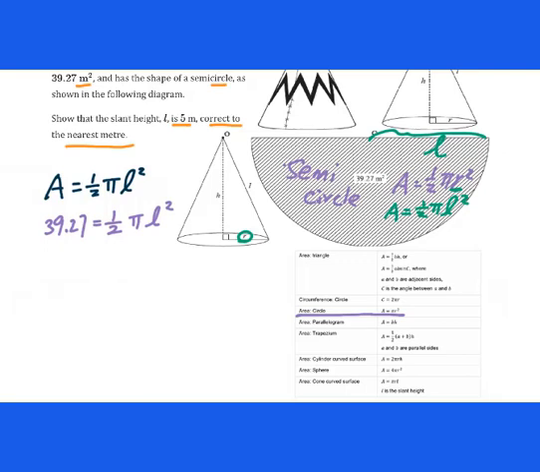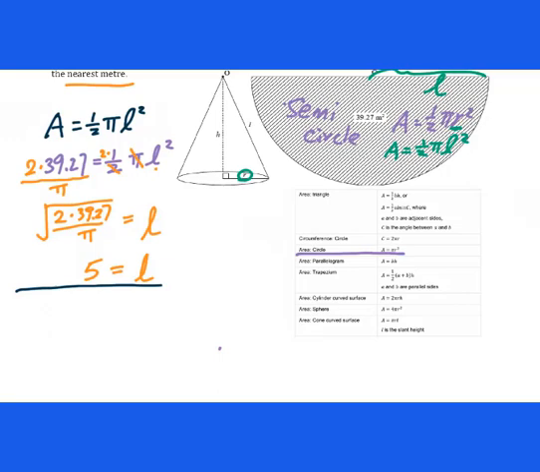We need to isolate this L. So to get rid of this 2, we multiply by 2 both sides. To get rid of this pi, we divide by pi. So L equals the square root of 2 times 39.27 over pi. L equals 5.